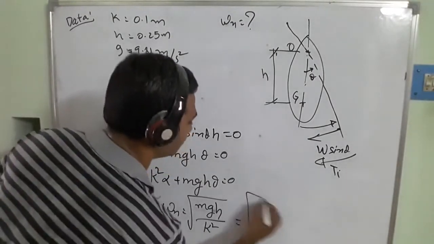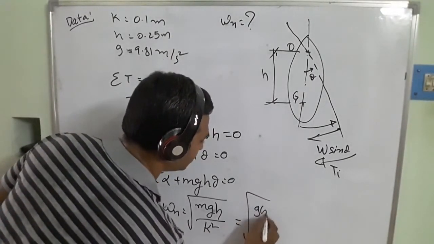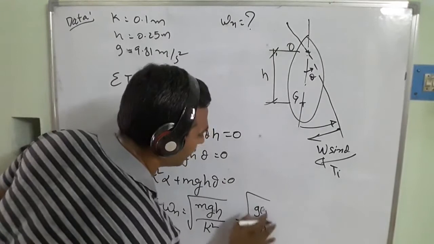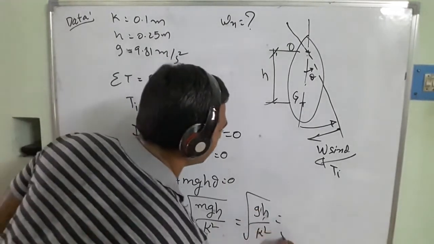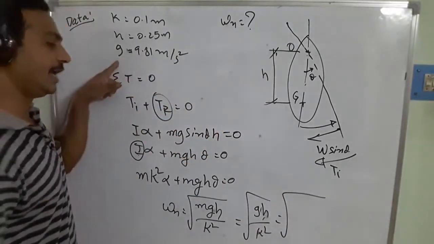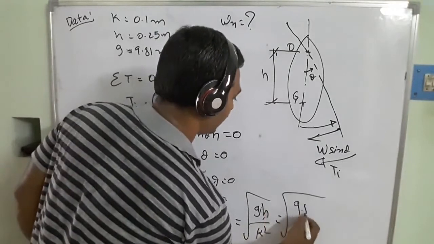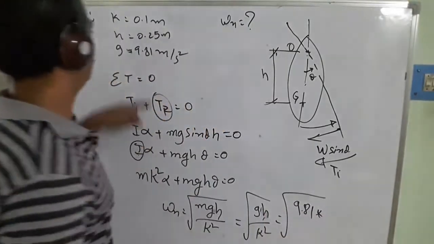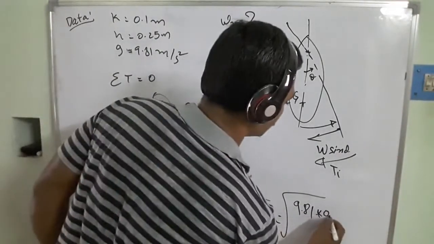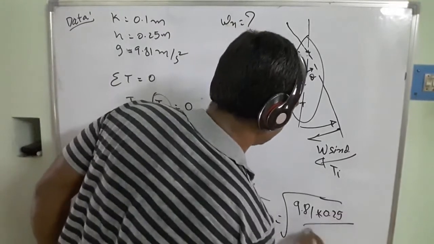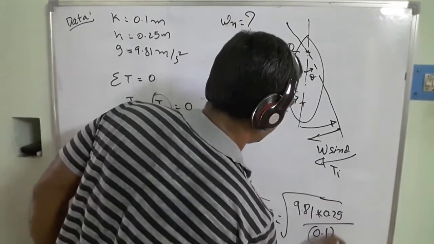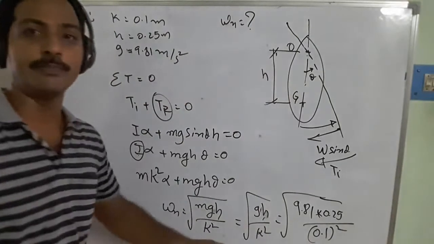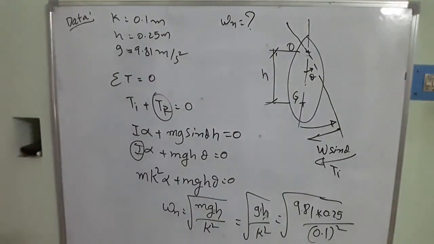So further simplification, gh by k square, we have taken, right? If I substitute these values in this equation, 9.81 into h, which is 0.25, divided by 0.1 whole square, from this we are going to calculate the omega n.